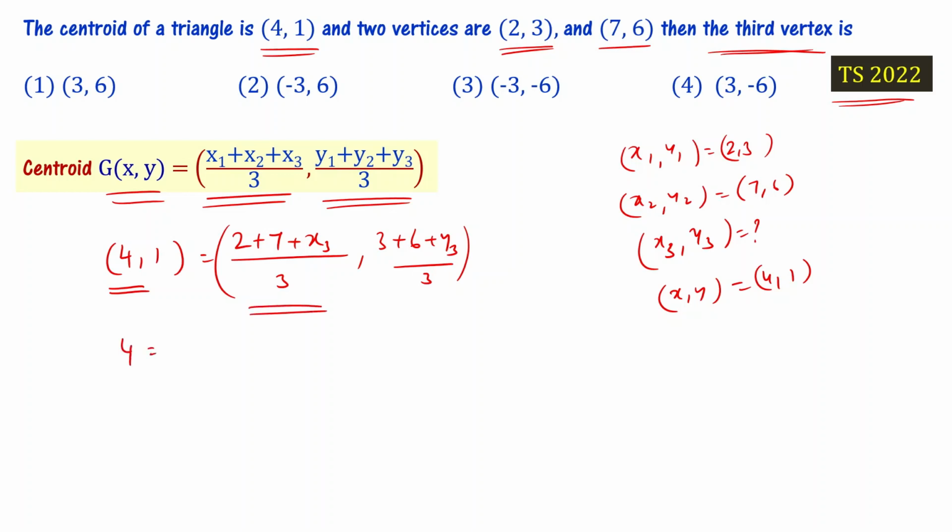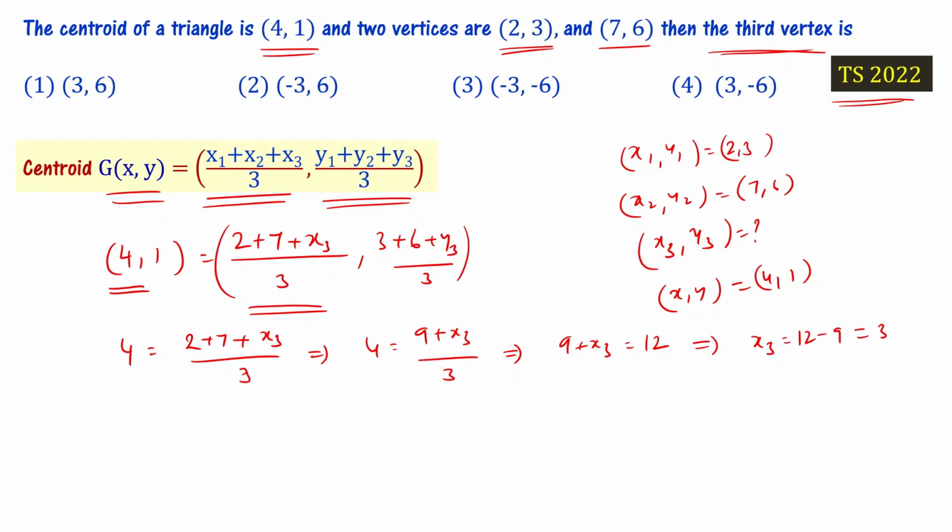Let me write that 4 equal to (2 + 7 + x3)/3, right? It means 4 equal to (9 + x3)/3, right? This can be now written as 9 + x3 equal to 4 times 3, that is 12, right? I can write this as x3 equal to 12 minus 9, that is equal to 3.